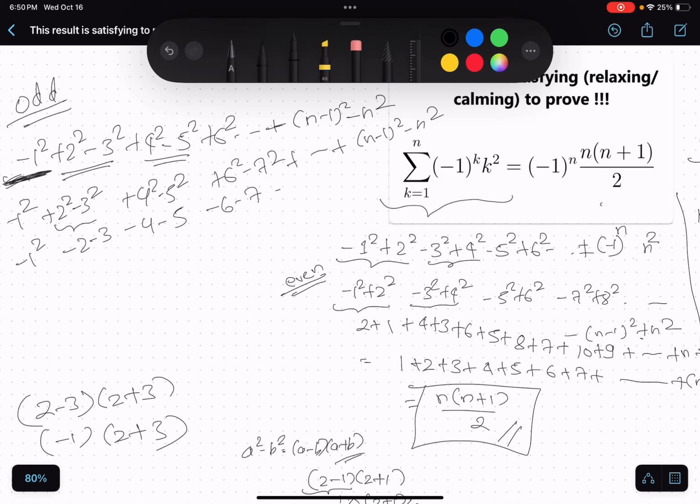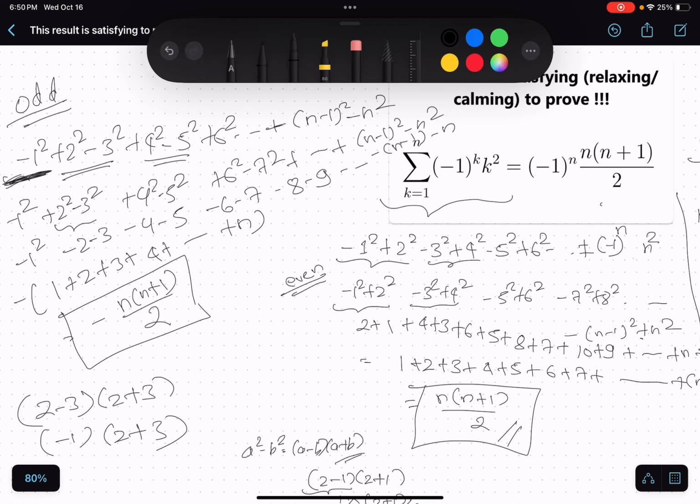Over there it's minus 8 minus 9, and so on. Over here it's minus n minus 1 minus n. Now if you take the negative sign common, I can write 1 square as just 1. This is 1 plus 2 plus 3 plus 4 up to n. So we see that the sum is negative of n into n plus 1 by 2.